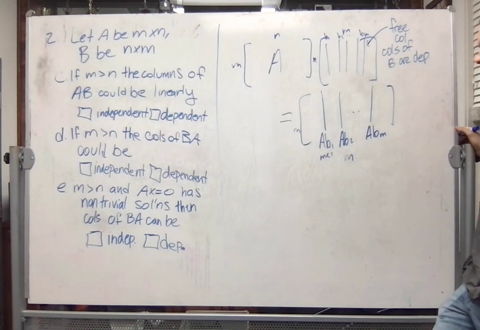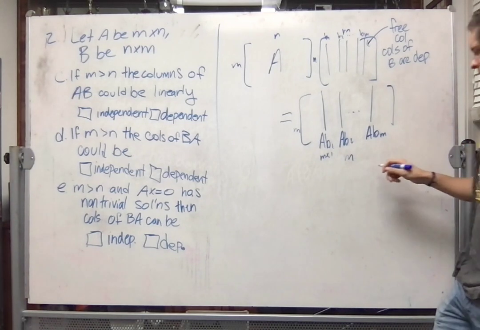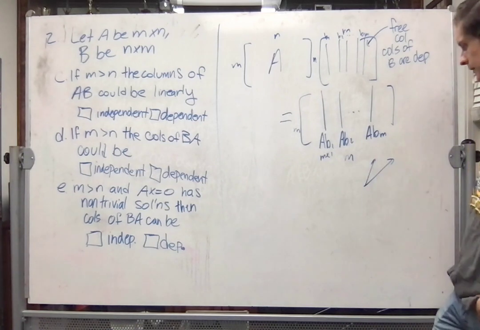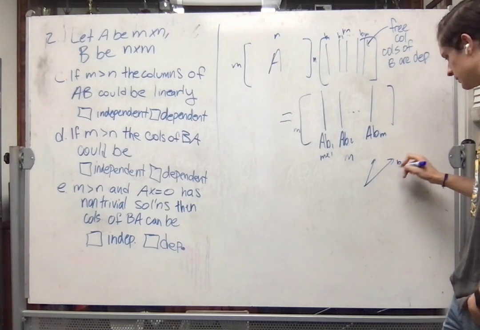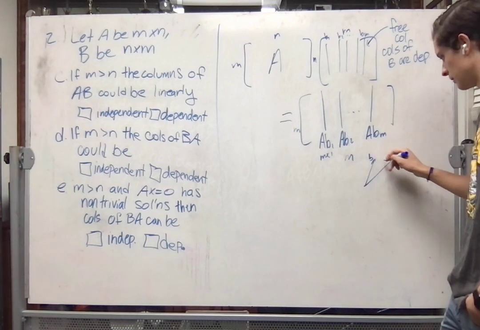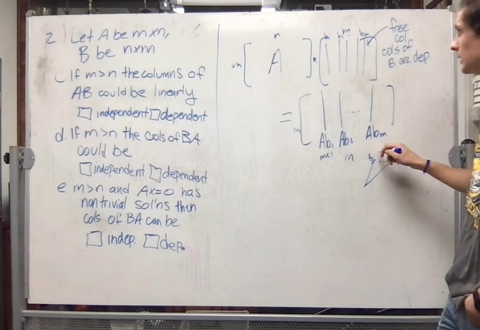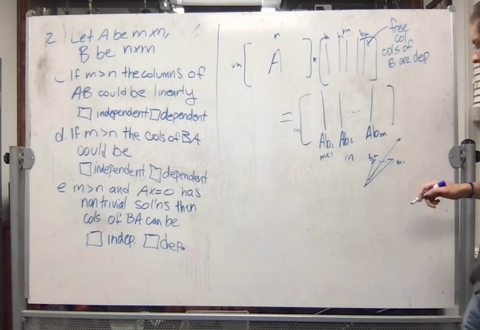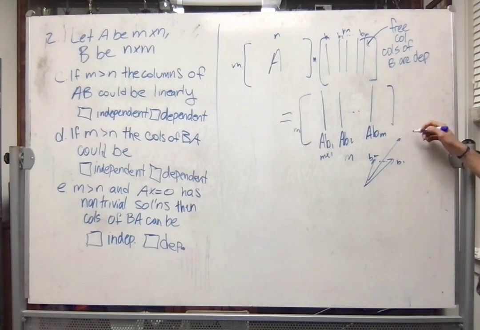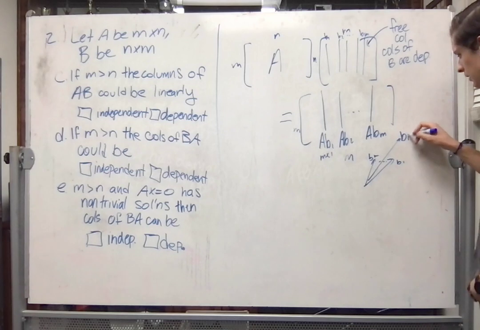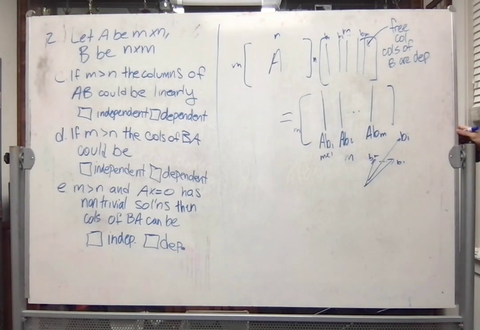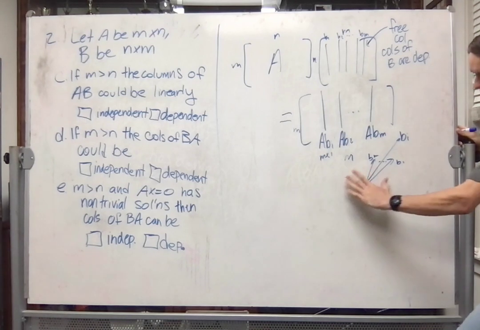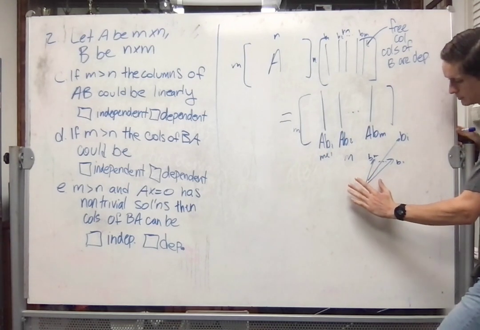But how does that help us? We can picture the columns of B all sort of being in these different directions, B1 dot dot dot Bm. But one of them, maybe call it Bi, has to be a linear combination of the rest of them to make this a dependent set of vectors.